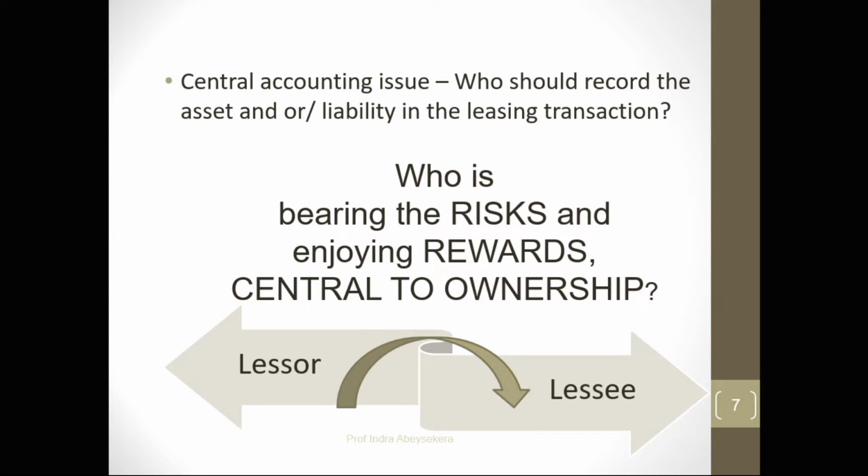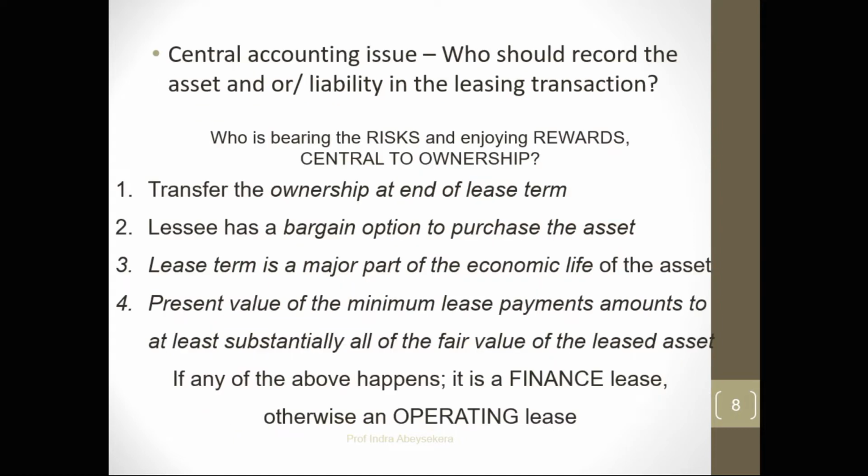So who should record the asset or liability in the leasing transaction depends on who is bearing the risk and enjoying the rewards, which is central to the ownership. So if that goes to the lessee, then we call it a finance lease transaction. Then the lessee has the risk and rewards central to the ownership.